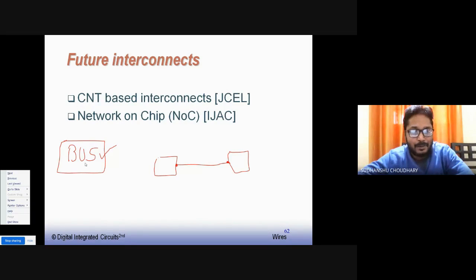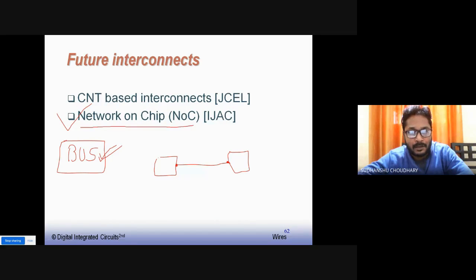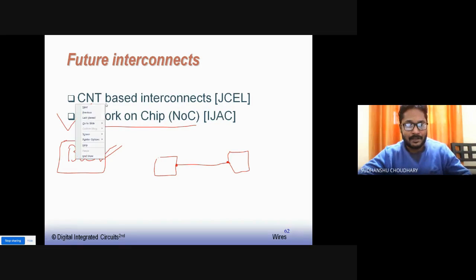But again, you will find that the bus-based interconnect methodology is also not a feasible solution. So one has to think of some other solution apart from point-to-point and bus-based interconnects. One of them could be the network on chip approach. Maybe I'll talk about this network on chip and the CNT-based approach also in the next lecture.